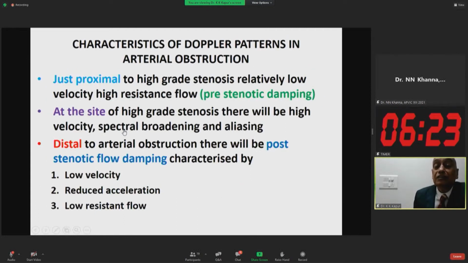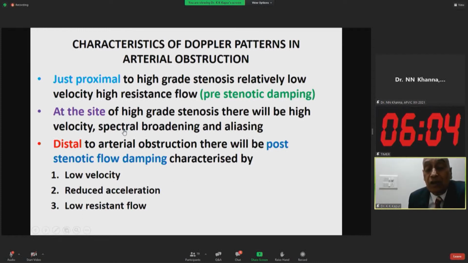So what are the characteristics of the Doppler patterns in arterial obstruction? When you put the sample volume just proximal to the high grade narrowing, you get a low velocity, high resistance flow. We call it pre-stenotic damping.